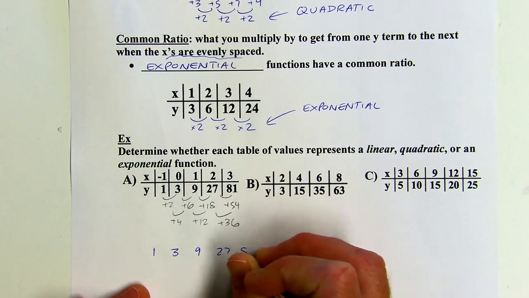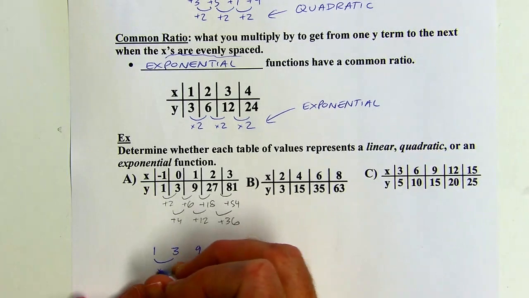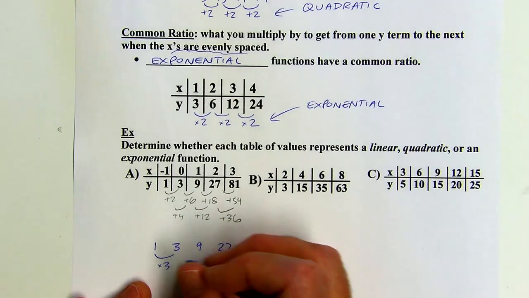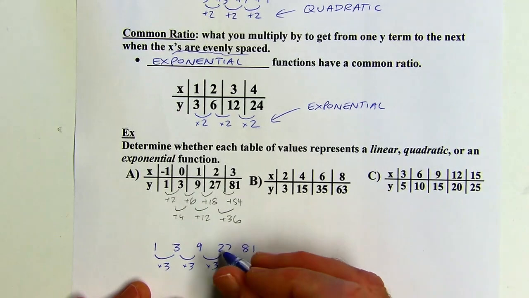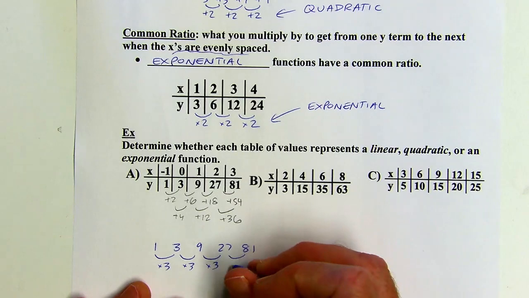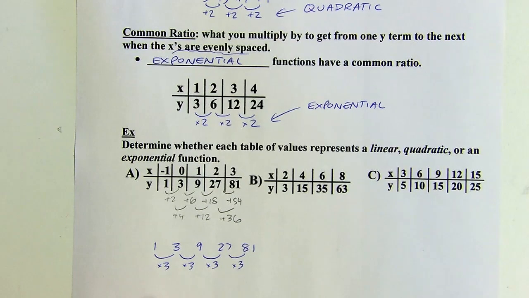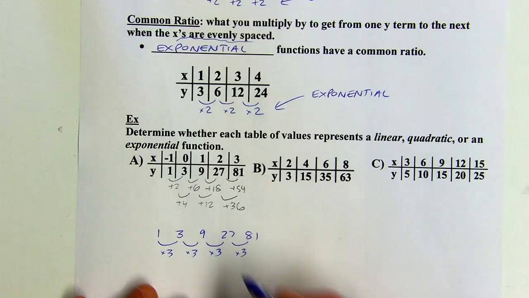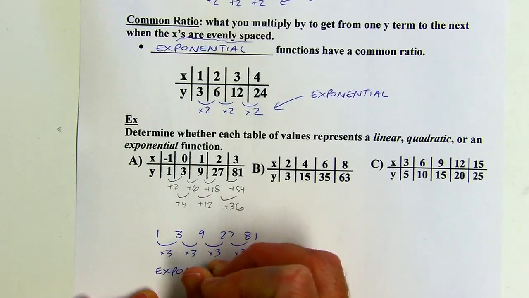Am I multiplying by the same thing to get from y term to y term? 1 times 3 is 3. 3 times 3 is 9. 9 times 3 is 27. And 27 times 3 is 81, so this is going to be exponential because I got a common ratio here.